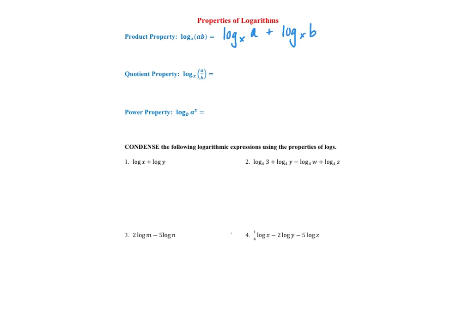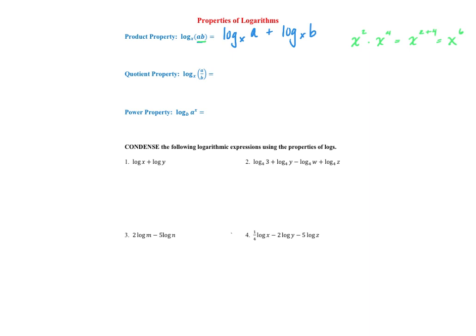If you are multiplying values in the argument, then you're adding the logs. And that is similar to what you see in an exponential expression. In an exponential expression, when you're multiplying, let's just say I use x squared and x to the fourth, what are you doing? You are adding those exponents. So when you have a product of arguments, you're adding the logs.